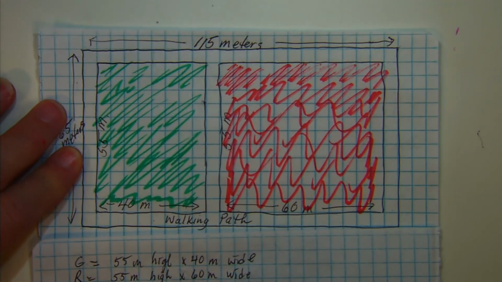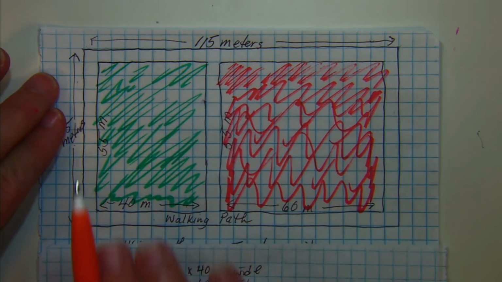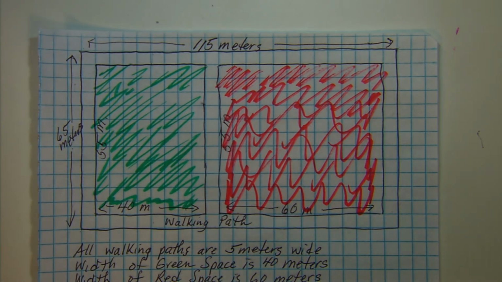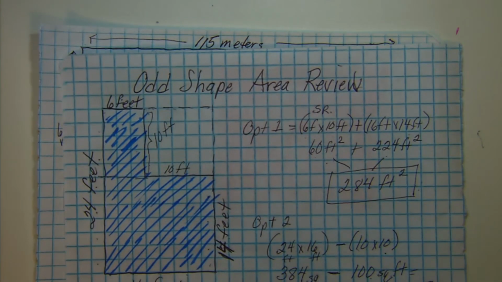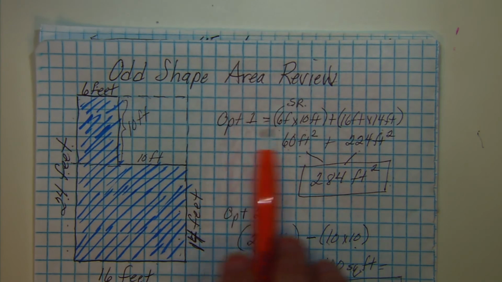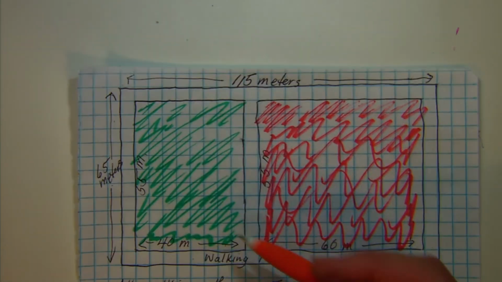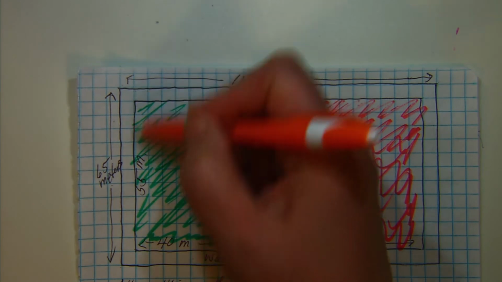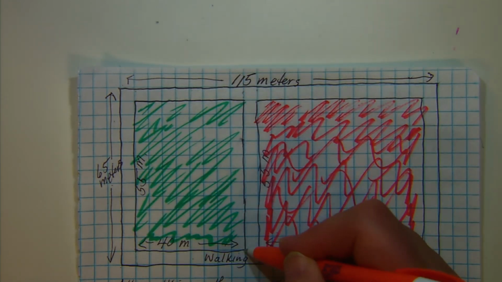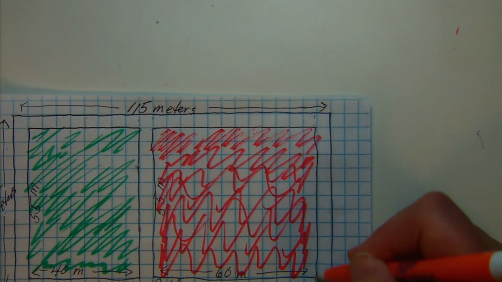So we've got the space, and I'm going to do the walking path. Now, just as we did with the earlier odd shape, I can do it 2 ways. I can break it into a bunch of rectangles, turn this into a rectangle, turn this into a rectangle, and then turn this into a rectangle.